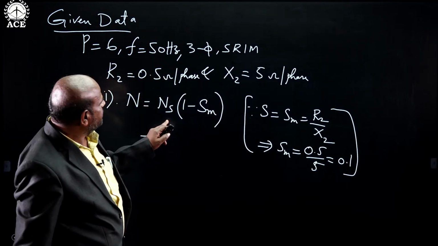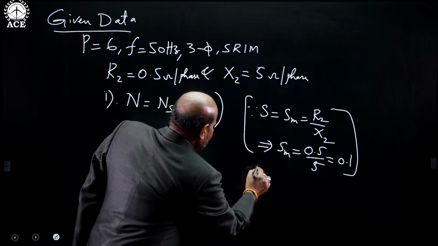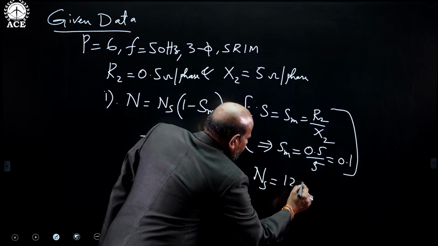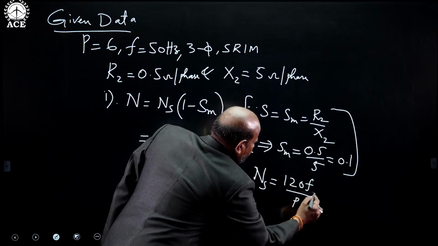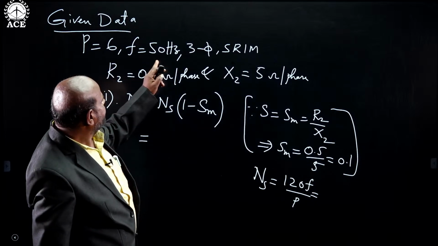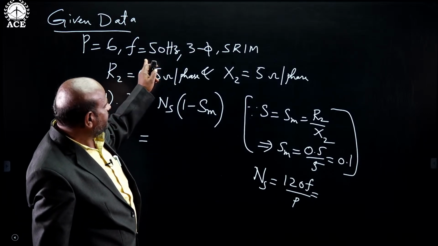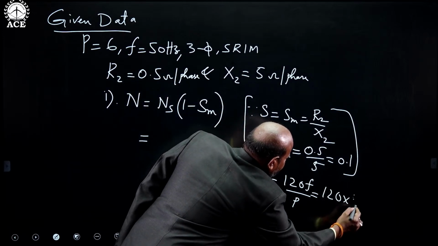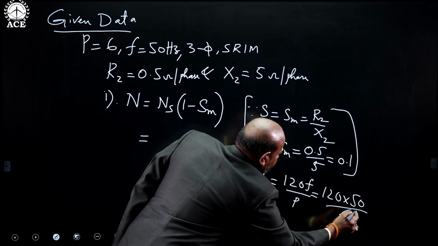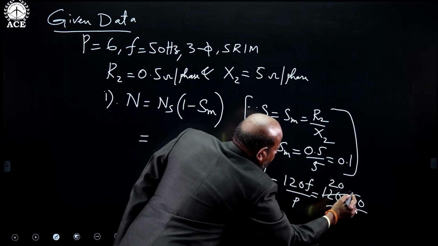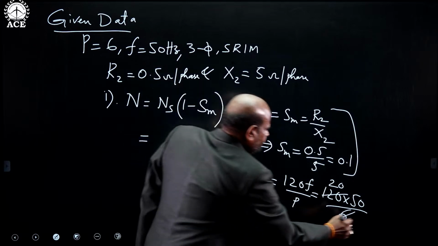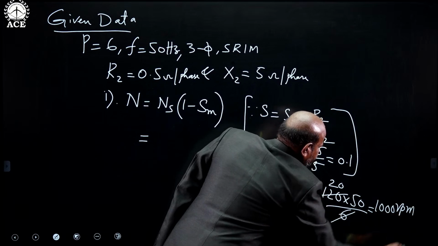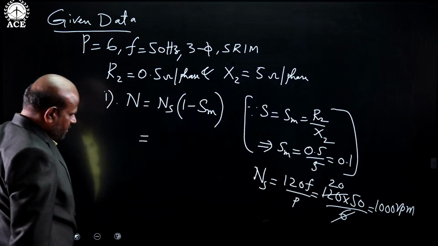Then what is ns? From the given data we can calculate ns. Synchronous speed formula is 120 f by P. Number of poles P is 6, frequency f is 50 Hz. So 120 into 50 by 6 gives 1000 RPM, revolutions per minute.